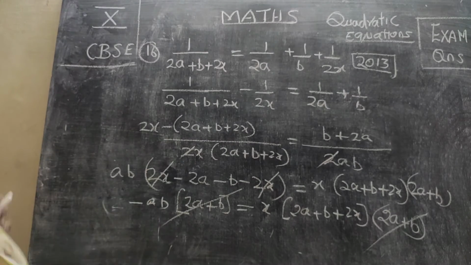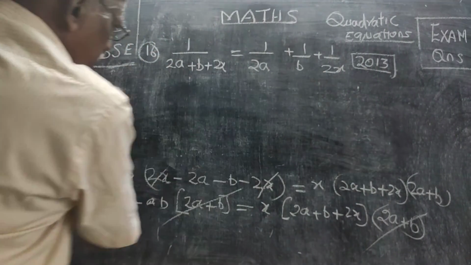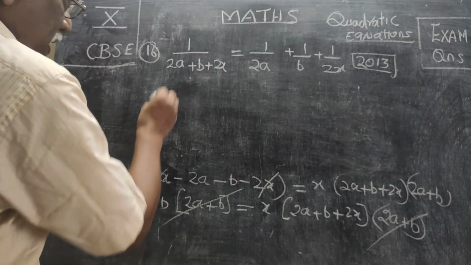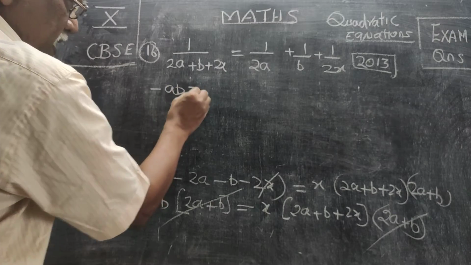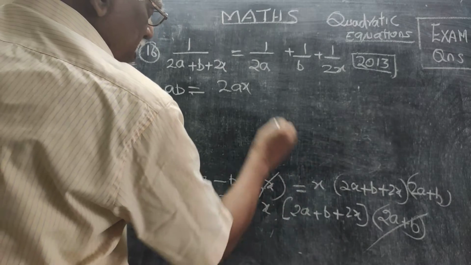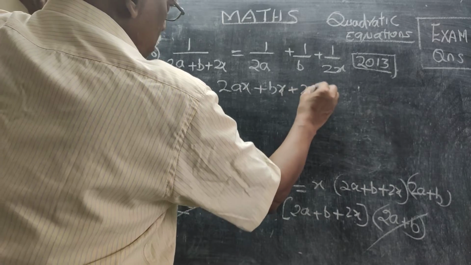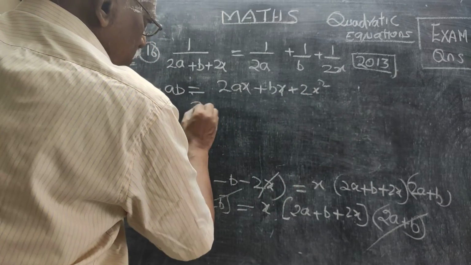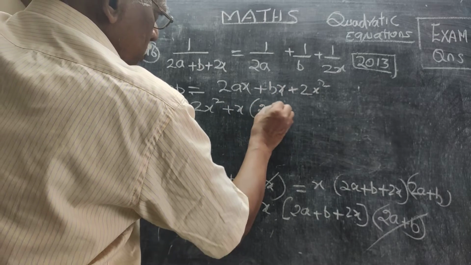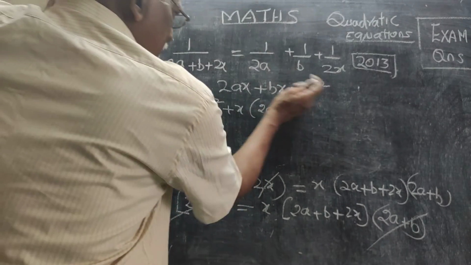So I will go to the upper side of the board, that is here I am writing it, after rubbing it off. So here you have minus ab, and there you have to multiply that: x into this, so 2ax, x into b, so bx, and x into 2x, so 2x square. Rewrite that: 2x square plus x times (2a + b), or you can keep it as it is.